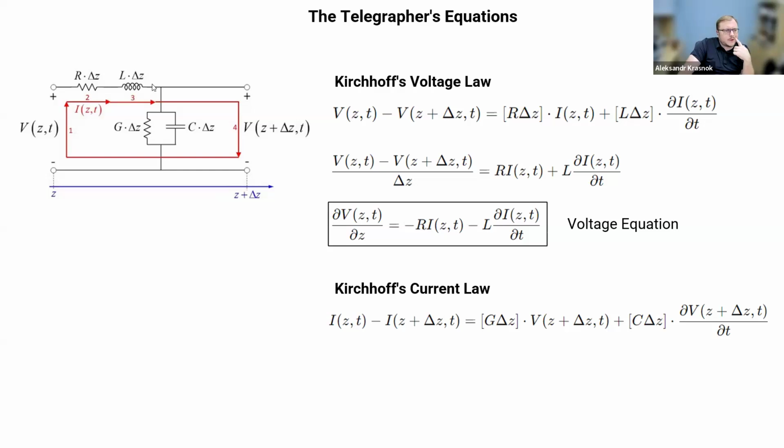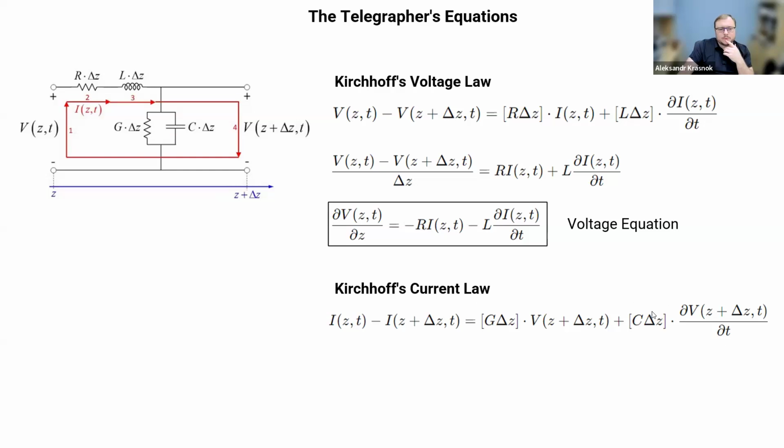If I consider, for example, this upper node here, I immediately see that the current I(z,t) that comes to this node from the left is equal to the current I(z+dz,t) that goes out from this node, plus the current that comes from this part here, from this line, which is equal to the sum of current that goes through the conductance of the material between the wires and through this capacitor.